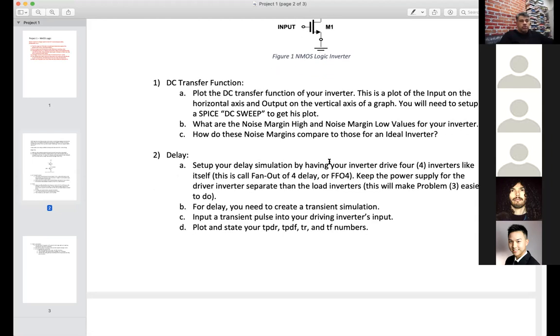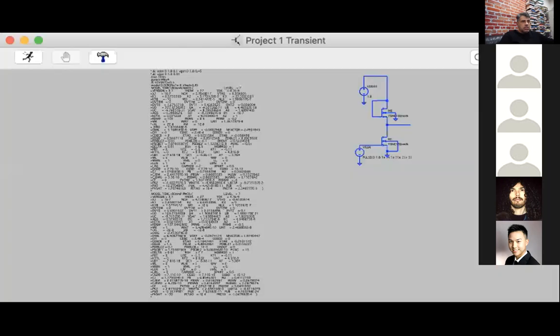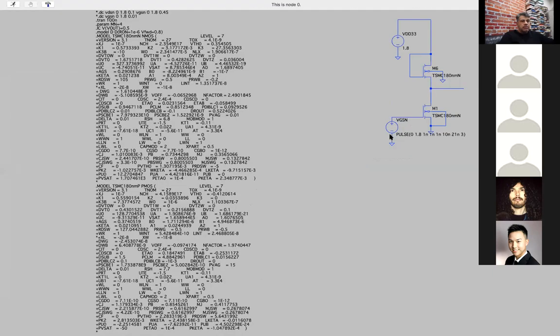Okay, part 2 is delay, basically seeing how fast the circuit is running. So I have another file on Blackboard, which is this guy, and it's practically the same thing.